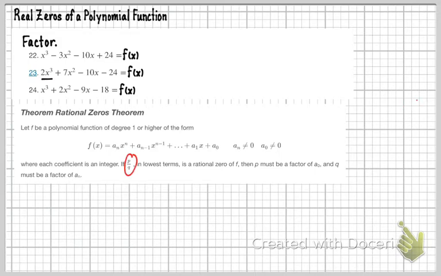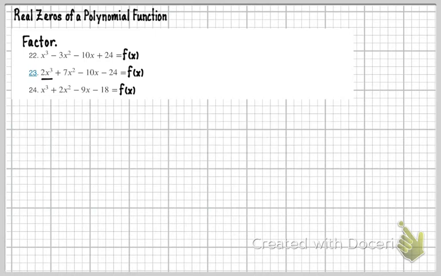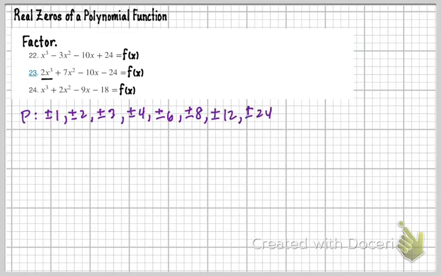We're going to use the rational zeros theorem to help us factor here. And also the factor theorem. Those two together to be specific. So then our P is going to be plus or minus 1, plus or minus 2, plus or minus 3, plus or minus 4, plus or minus 6, plus or minus 8, plus or minus 12, and then plus or minus 24.